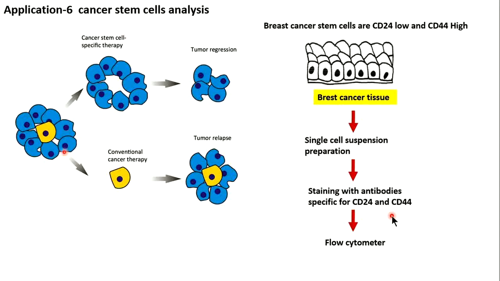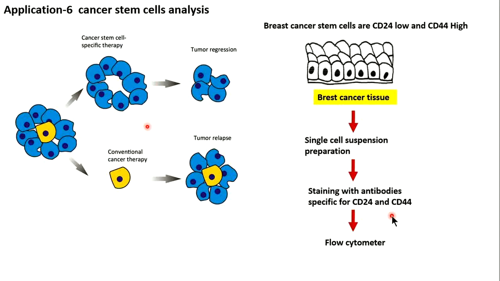So what happens if this is a tumor, and we give a conventional therapy to which the cancer stem cells are resistant? Even if a few cancer stem cells are left after the surgery or after the chemotherapy or radiotherapy, they will generate a new tumor. But if we have methods to identify the cancer stem cells, then we can give target specific cancer stem cell therapy.